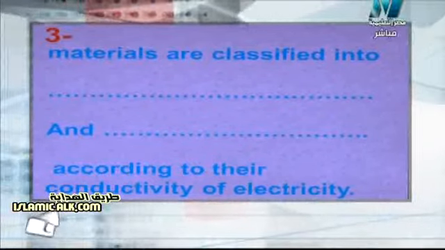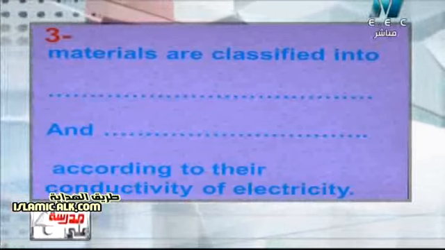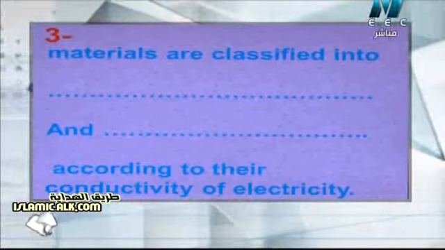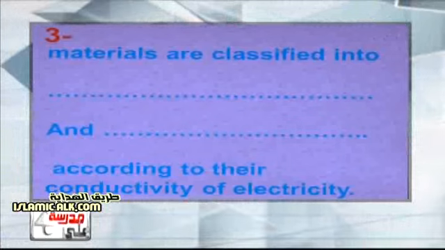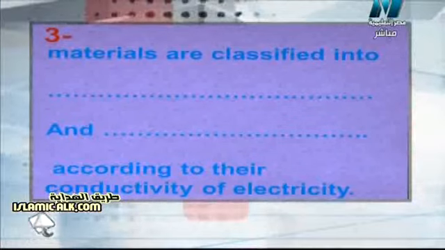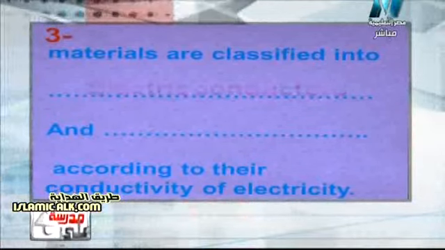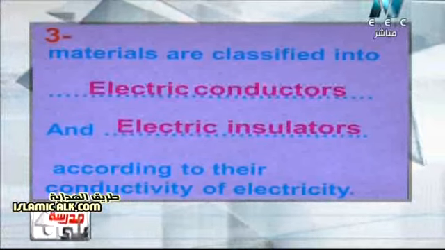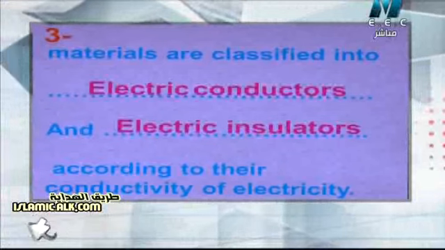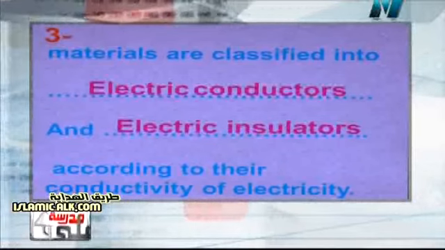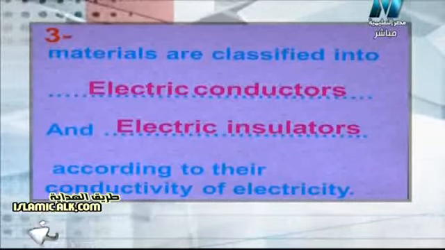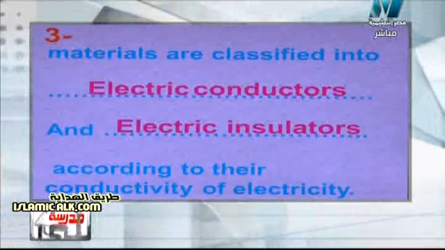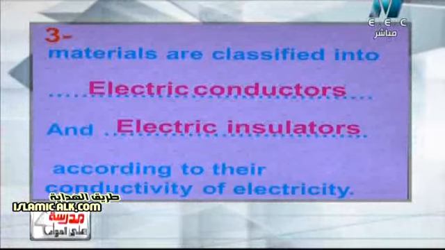So again, the question says that materials are classified into point and point according to their conductivity of electricity. So materials are classified into what? Electric conductors and electric insulators. And we have many examples of each one of them. Electric conductors such as iron, copper, aluminium, gold, silver, and any metal.